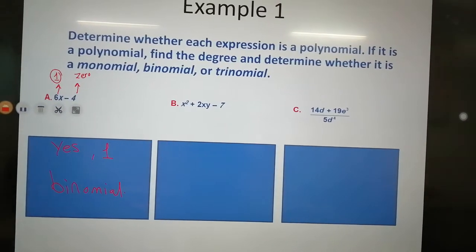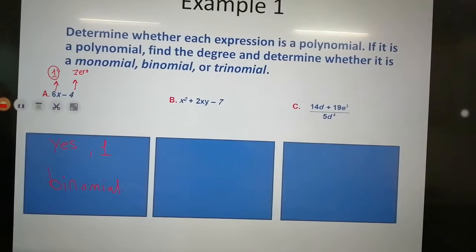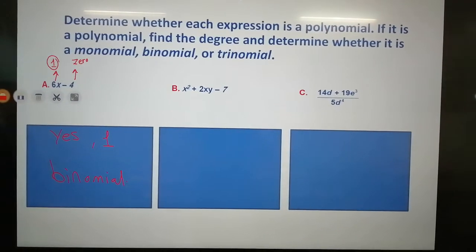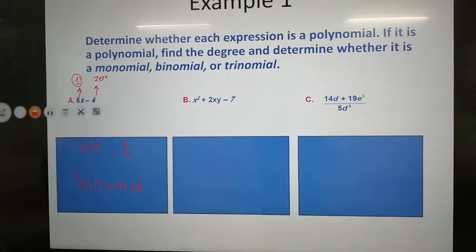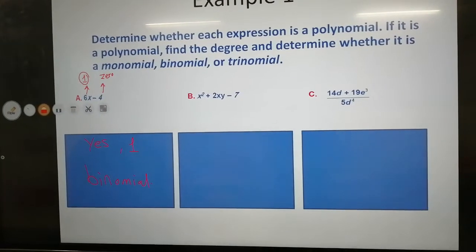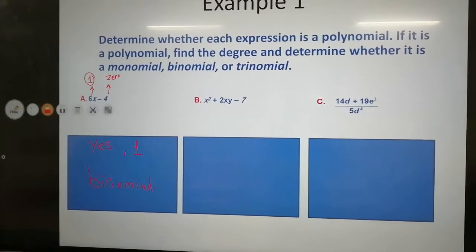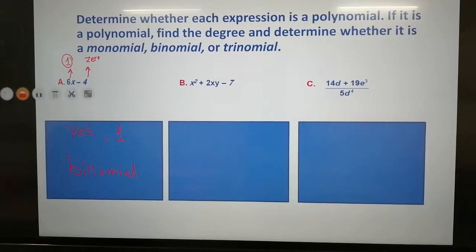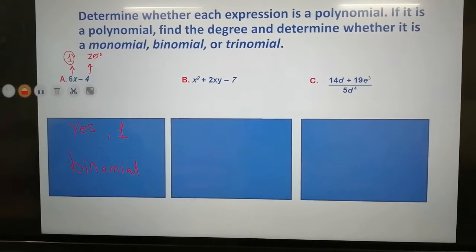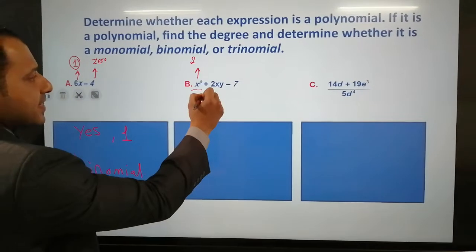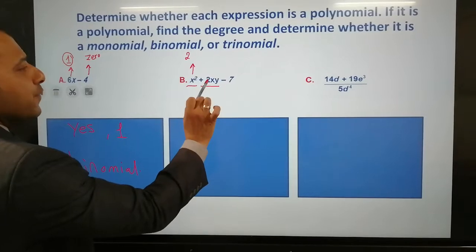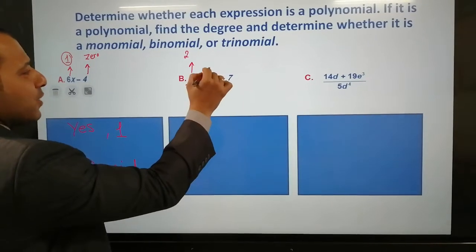We go to the second example. The second example, Marwan. Yes, excellent. We have here a polynomial. The degree, second degree. How did you get second degree? Yes, the first term is second degree. The second also, yes, 1 plus 1 because we have x and y.